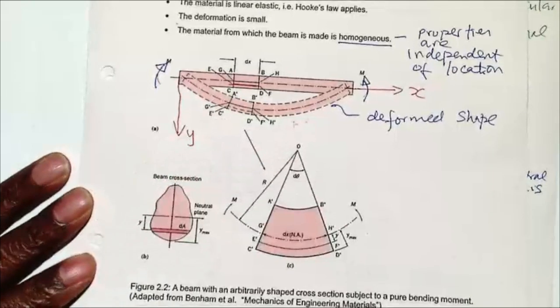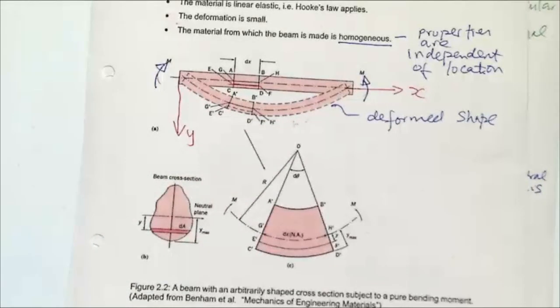The axis is chosen along the neutral plane. So any point below our neutral axis will be in tension, and any points above it will be in compression.